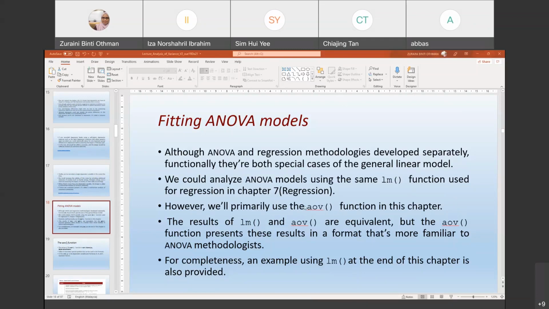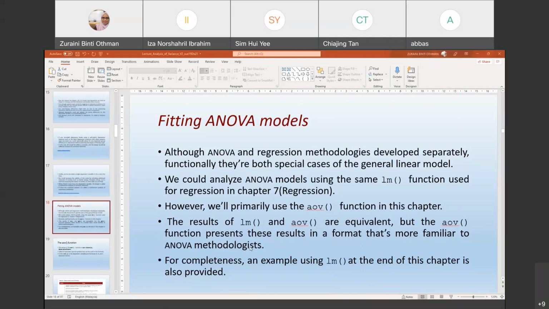When we call this, R will give you the significant impact from each factor in terms of analysis of variance, AOV. The results of lm and aov are equivalent, but the aov function presents the result in a format more familiar to Anova methodology.